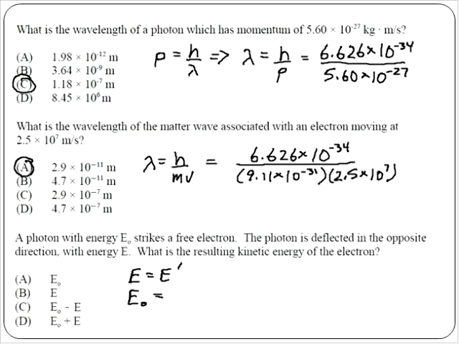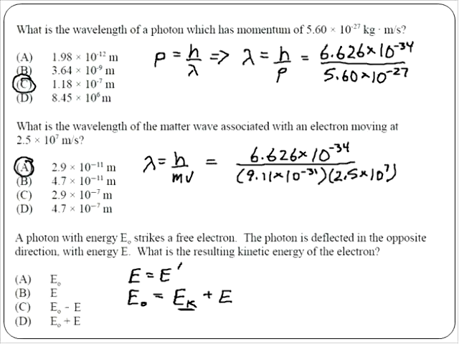The photon strikes a free electron and knocks it loose, giving it some kinetic energy. And in the process, it now has an energy of E afterwards. So before, there was just the photon, and afterwards there's another photon with a different energy, and there's an electron with some kinetic energy as well.